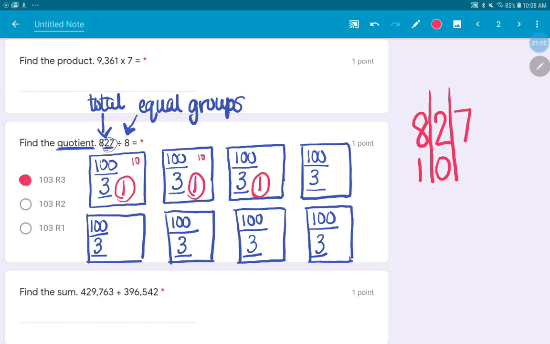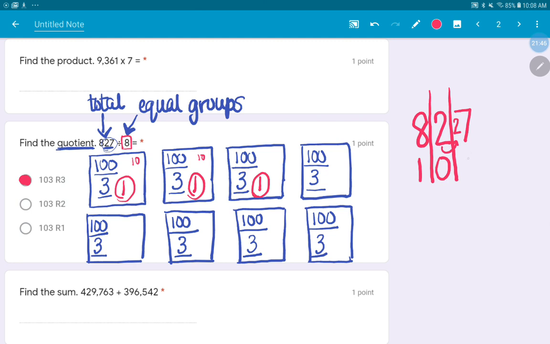So now I'm going to take my 2 10s and put it over here with my 1s. I have 27 1s. So I'm thinking in my head, 8, that's the number of groups I have. 8 times what gets me as close as I can get to 27 without going over? 8 times 1 is 8, 8 times 2 is 16, 8 times 3 is 24, 8 times 4 is 32.